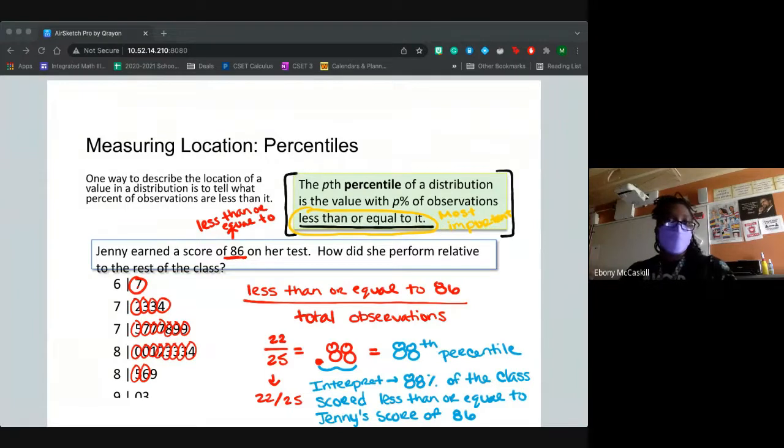Okay, so that's what that means. We have 2 examples.